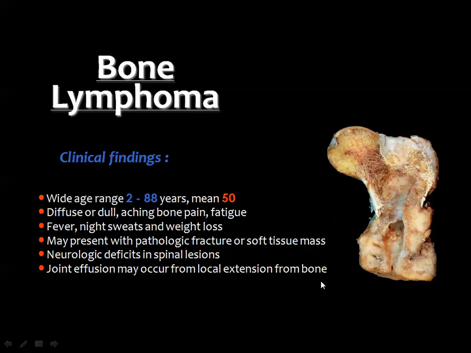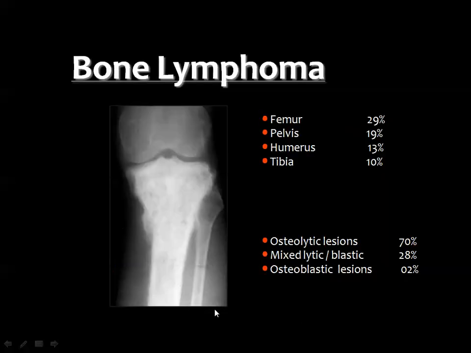The lymphoma may present by fever, night sweats, and weight loss, diffuse or dull aching bone pain, as well as fatigue, may also present by pathologic fracture, and in cases of spinal lesions, neurologic deficits may be seen, or in cases of joint affection, effusion of the joint may be identified.